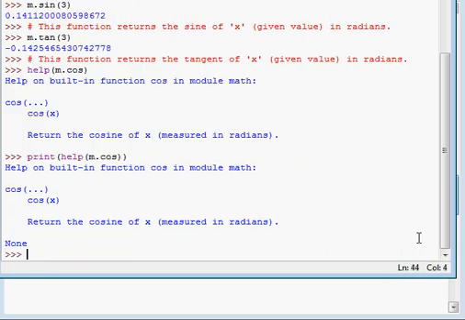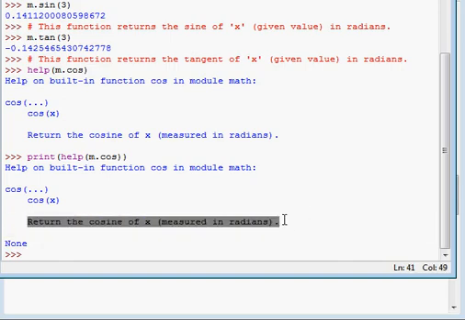It is giving help about cosine value. This function is used to find the cosine of the given value. It is also mentioning here that this function returns the cosine of x. In the same way, you can find help for any other functions also.